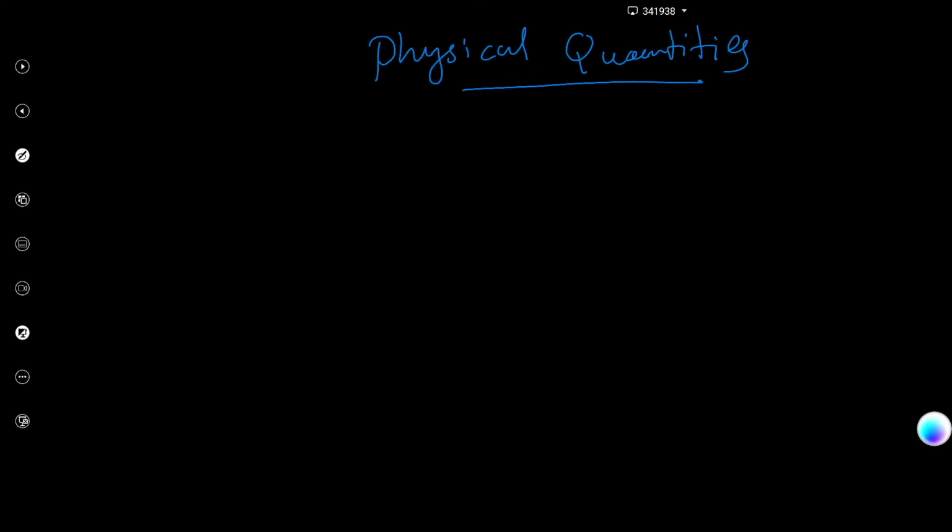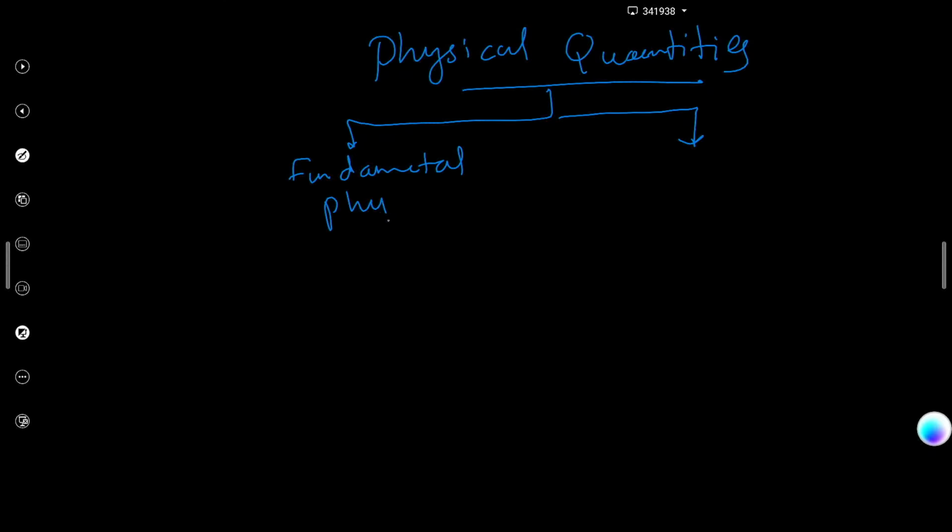We know that we started from physical quantities. We start about the physical quantities. We mainly divided the physical quantities into two parts. One, we call them fundamental physical quantities.